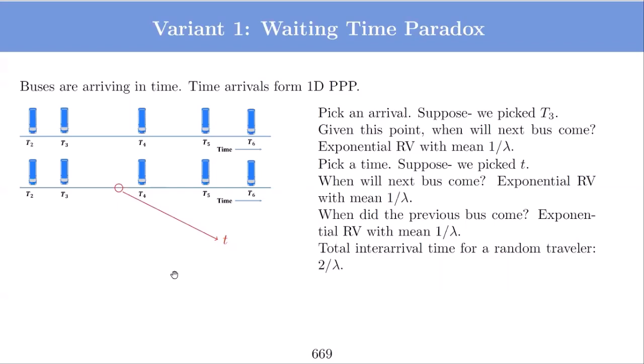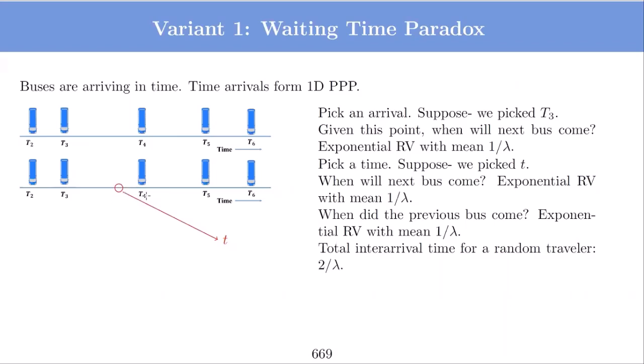And we know that the contact distance is also an exponential random variable with mean 1 upon lambda. So given 2 o'clock, the next bus will come after approximately 5 minutes. Similarly, if I ask when the last bus came, that is also an exponential random variable, and the last bus arrived on the average 5 minutes before.